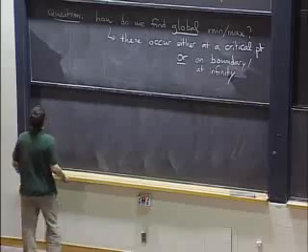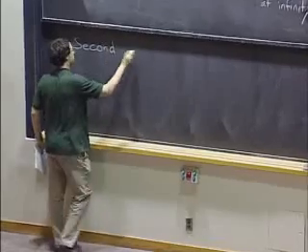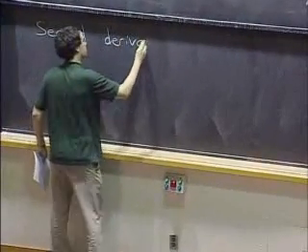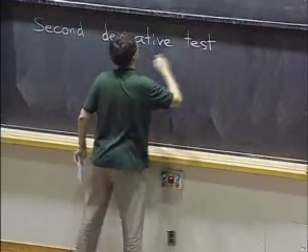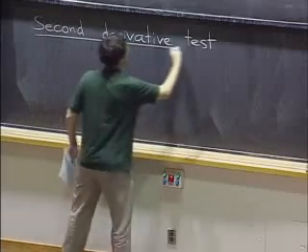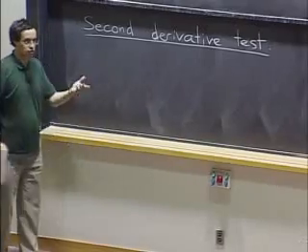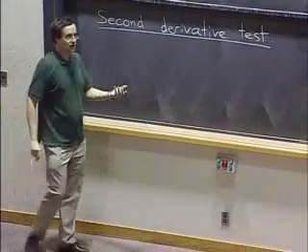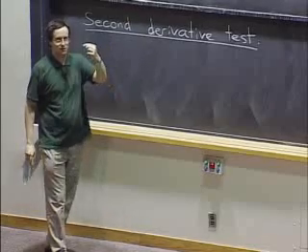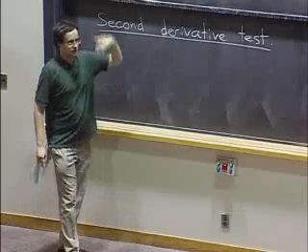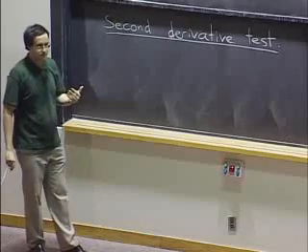So we'll use something that's known as the second derivative test. In principle, the idea is kind of similar to what you do with a function of one variable. If the derivative is 0, then you know that you should look at the second derivative, and that will tell you whether it's curving up or down, whether you have a local max or a local min.